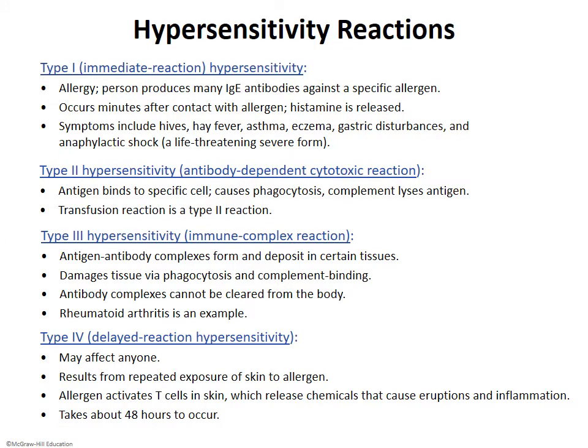This again is the four types with a little bit more of a specific idea. Again, type 1, I want you to know, is about IgE antibodies. Right? It is an allergic reaction, allergies, type 1. Type 2, this is transfusion reaction. This is an agglutination type thing. Type 3, what I want you to know, rheumatoid arthritis. It is about phagocytosis.